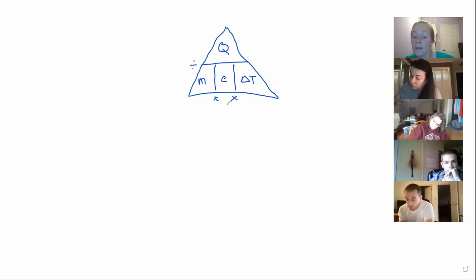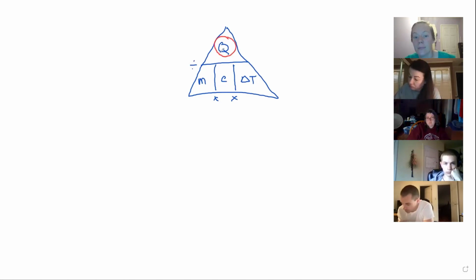Okay, so if we want to isolate for something, like let's say we want to solve for Q. Q equals mass times C times delta T, right? MC delta T. What if we want to solve for change in temperature?